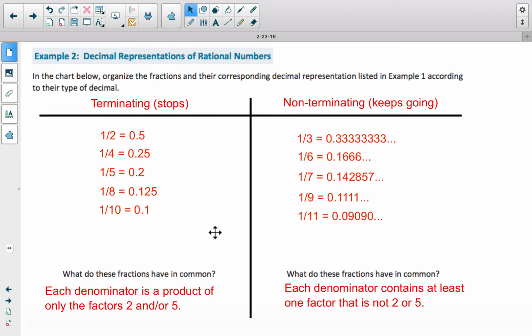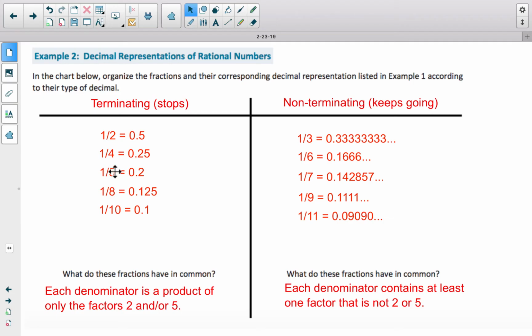For example number 2, on the left here you will see our 5 decimals that terminate or stop. And what I notice is each denominator is a product of only the factors 2 and/or 5. So for instance, 1/2, the denominator is 2. 2 times 2 is 4.